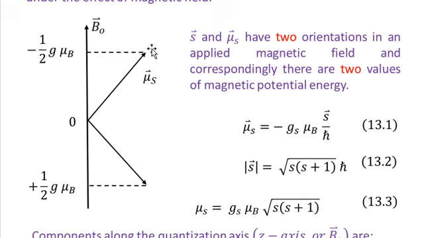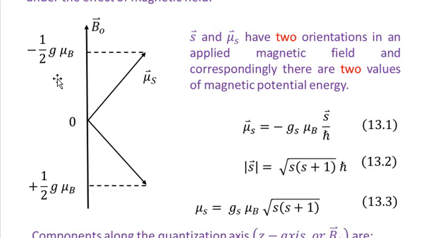And you know that mu s being a vector quantity, when it precesses about B naught, there will be three components: mu s with x component, y component, and z component. Out of these, the x component and y component will be averaged out to zero during the precessional motion of mu s about the magnetic field B naught, and only one component, the z component, will be measured, because that z component will be along the B naught direction.